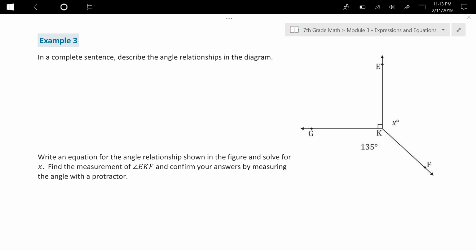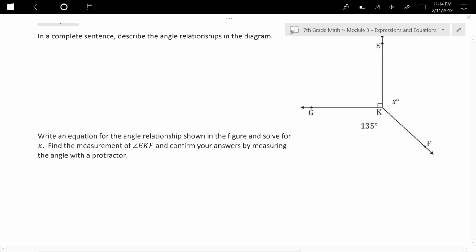Okay, so just for time's sake, I'm not actually going to write down the diagram description, but basically we have angle GKE, angle EKF, and angle GKF. Those are angles at a point, and their measures have a sum of 360 degrees.